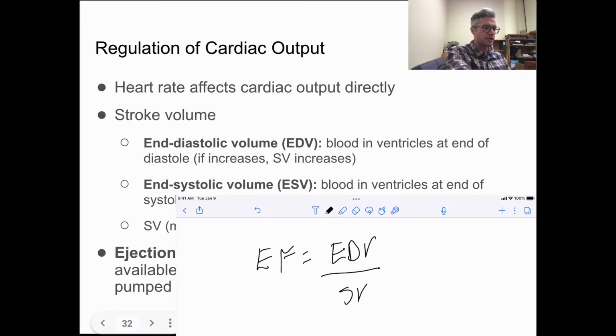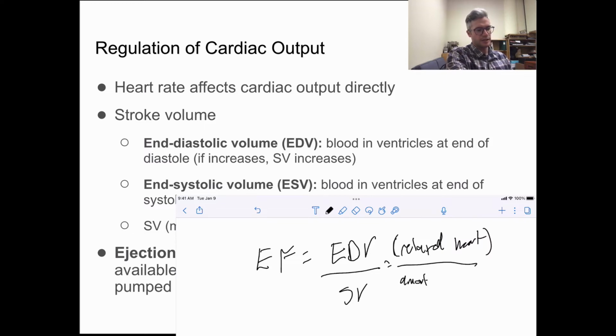End diastolic volume, the total amount in the relaxed heart, in particular the ventricles, goes over top of the stroke volume, which is the amount that actually leaves the heart. So what is possible to be ejected versus what is actually ejected. That gives us a better understanding of how the heart is working.